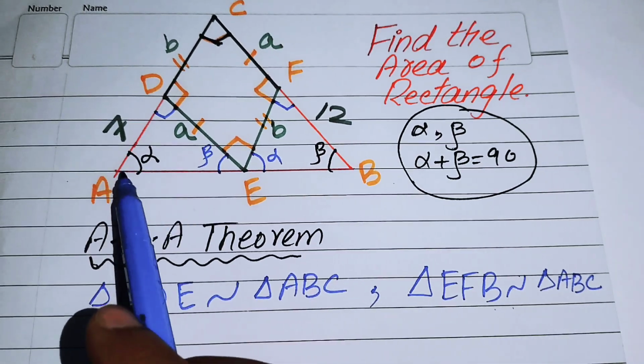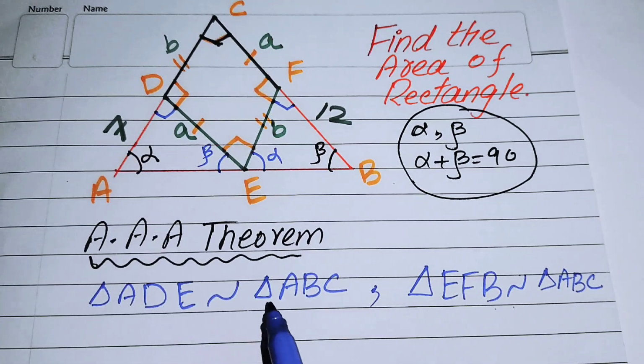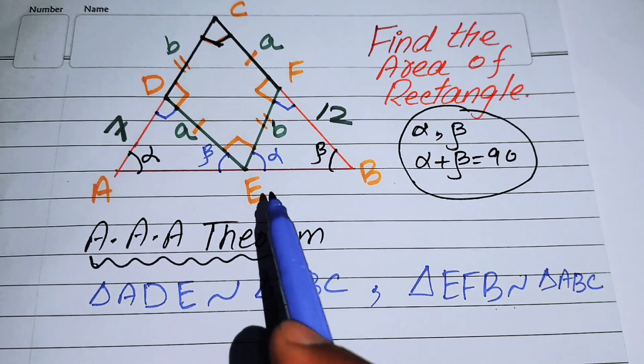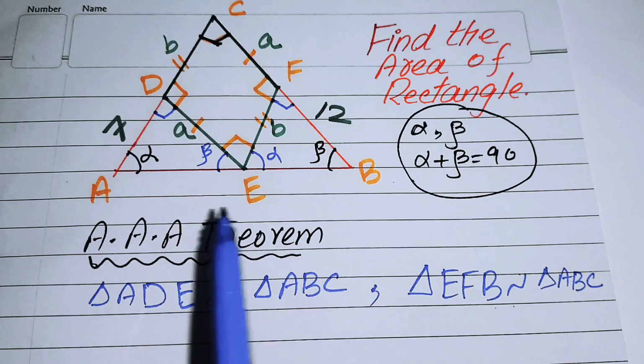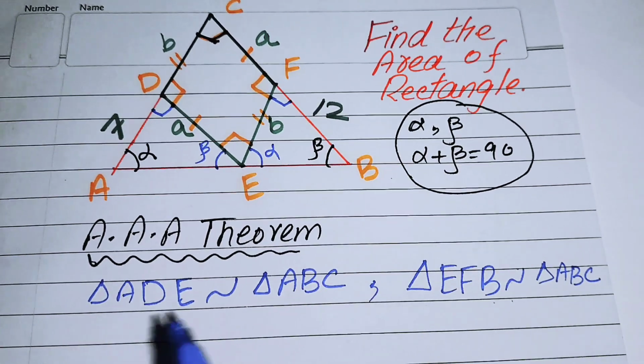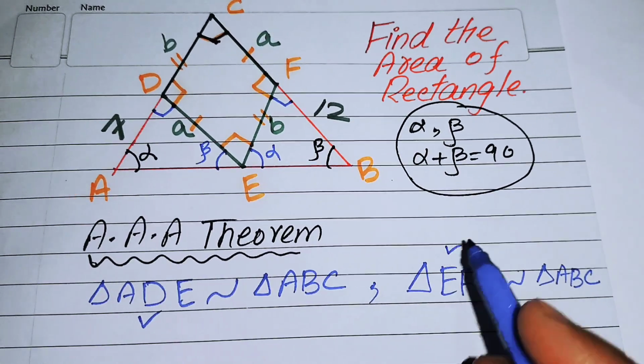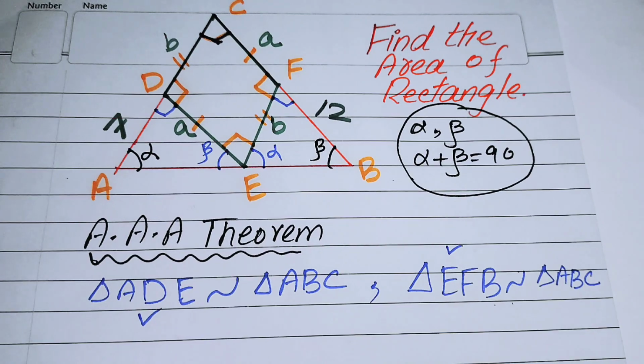The smaller triangle ADE is similar to triangle ABC, and the smaller triangle EFB is similar to the biggest triangle ABC.